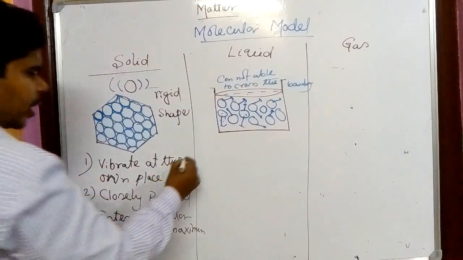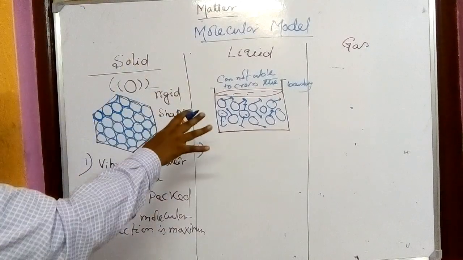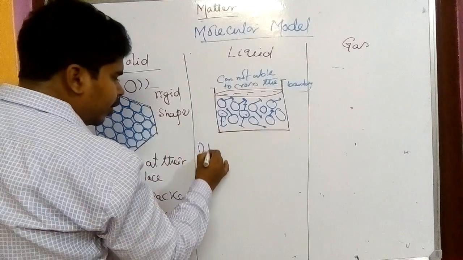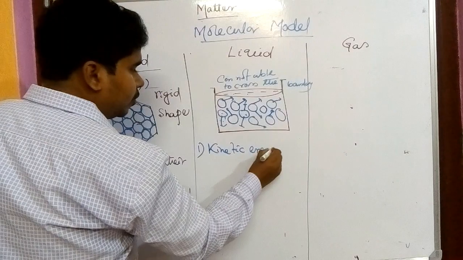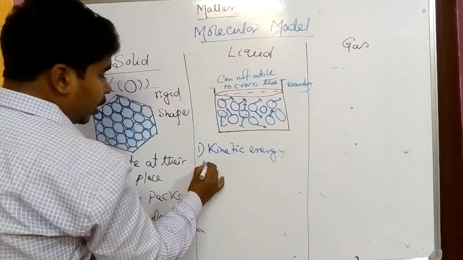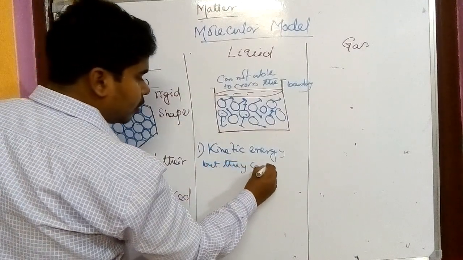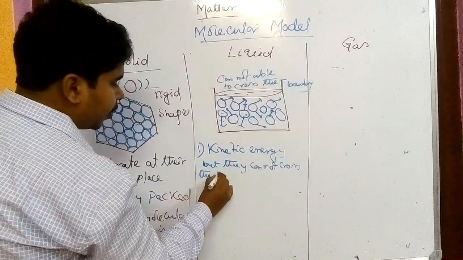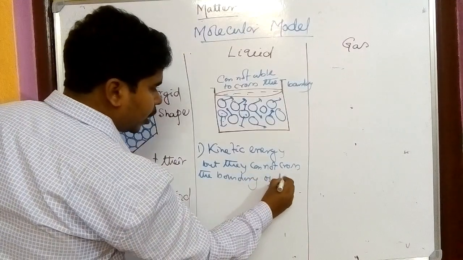If I'm talking about the characteristics, we have discussed characteristics earlier also, but depending on the molecular model, what characteristics can we say here? That the molecules have kinetic energy, but they cannot cross the boundary of liquid.